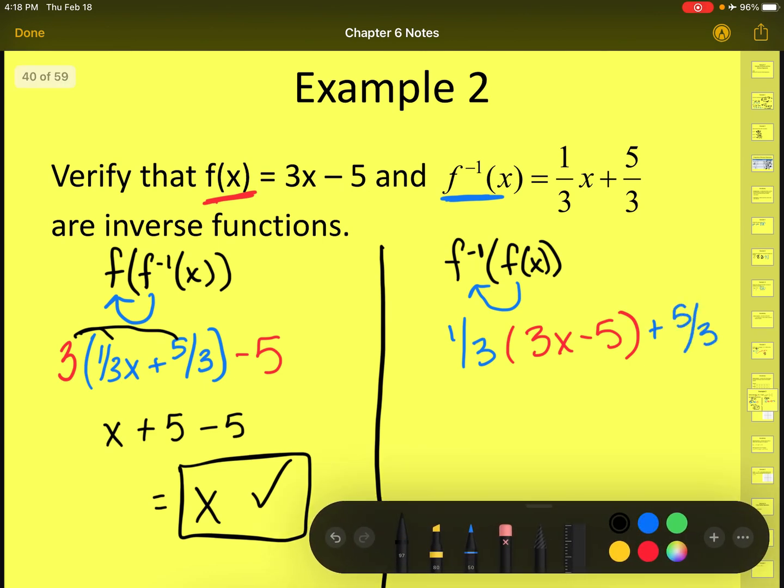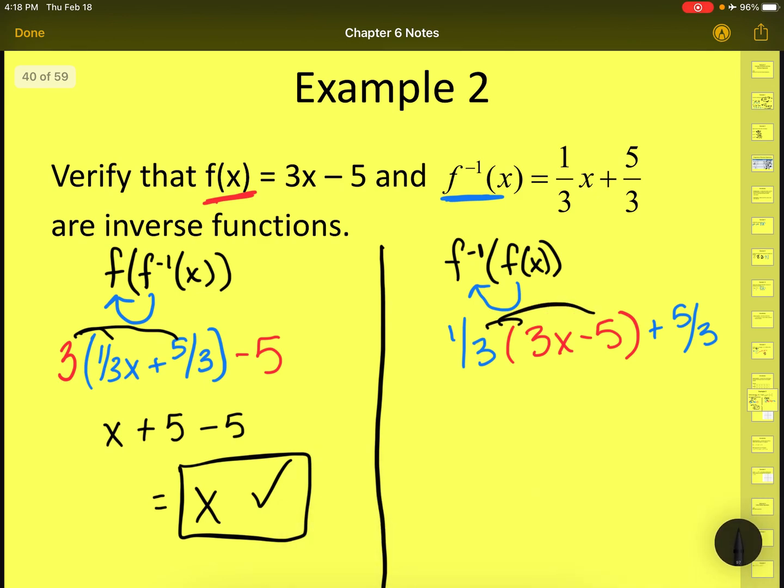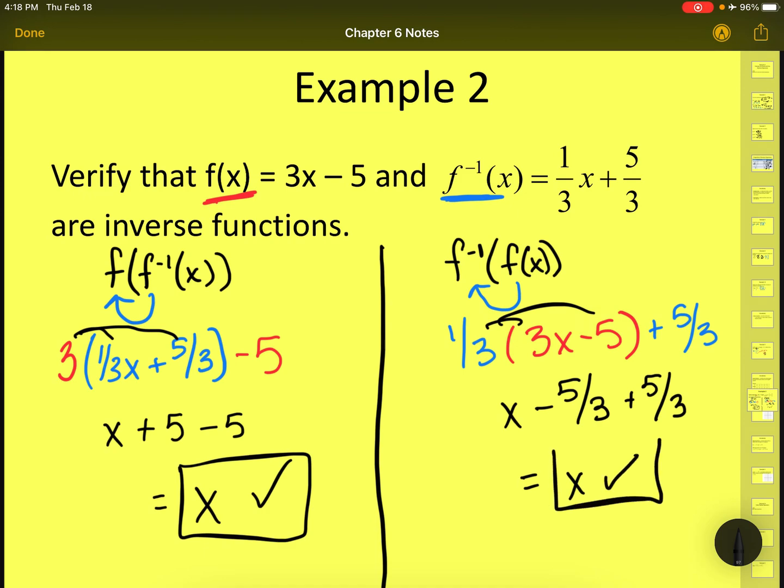So again, we're going to distribute. 1/3 times 3x is just x. Negative 5 times 1/3 is negative 5/3. And we can't forget to tack on regular 5/3. Negative 5/3 plus 5/3 is 0, so we're just left with x. So they are inverse functions.